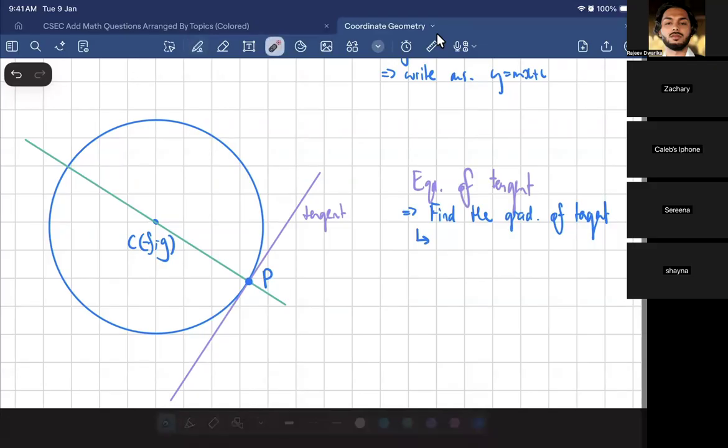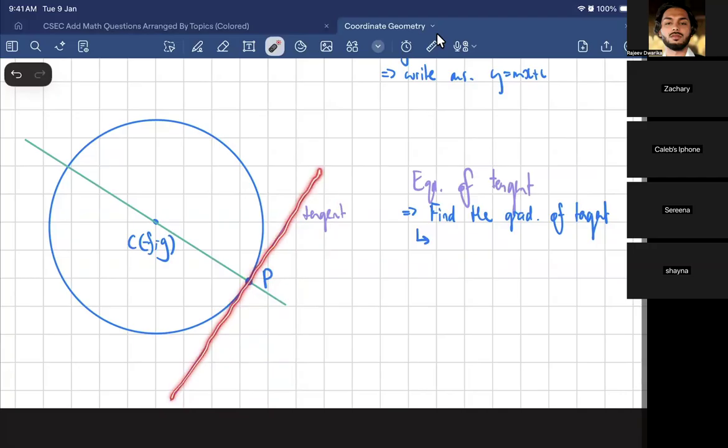Caleb, do we have 2 points along the tangent? Look at it for yourself. Use your eyes. Do we have 2 points on the tangent here? Tell me if you're seeing 2 points on the tangent.